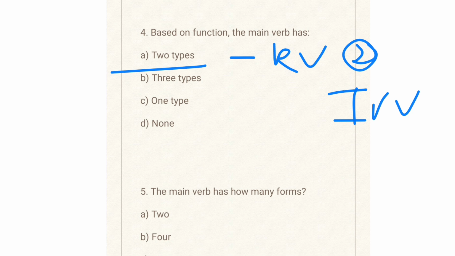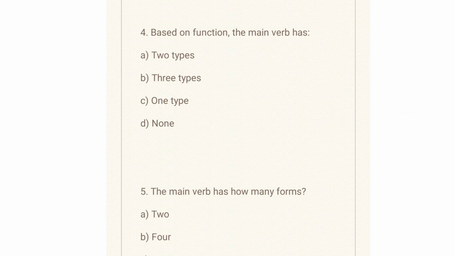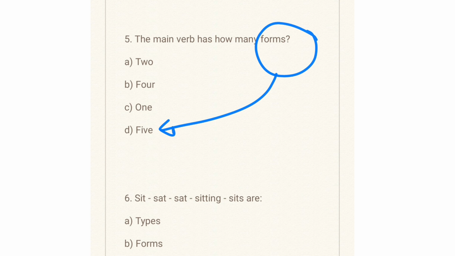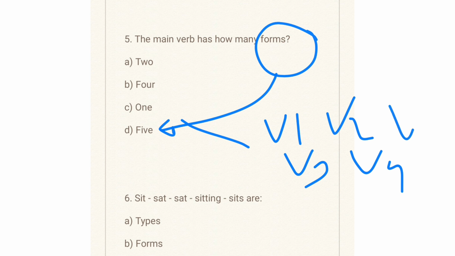Remember. How many forms does the main verb have? Forms, not types. So how many forms? Five: V1, V2, V3, V4 and V5.